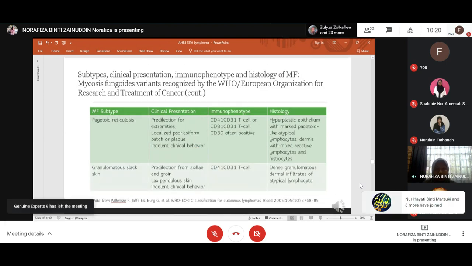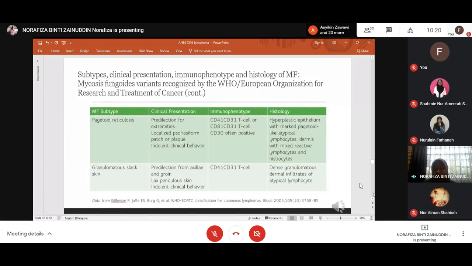And for pagetoid reticulosis, there is hyperplastic epithelium with marked pagetoid-like atypical lymphocytes. For granulomatous slack skin, there is a dense granulomatous dermal infiltrate of atypical lymphocytes.